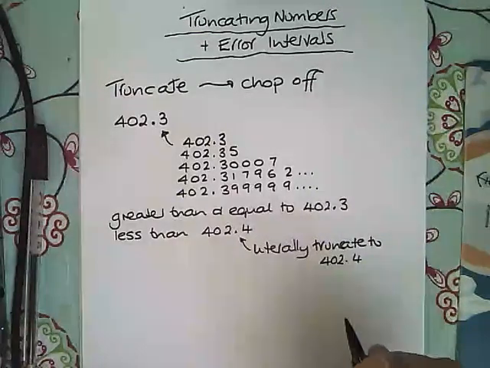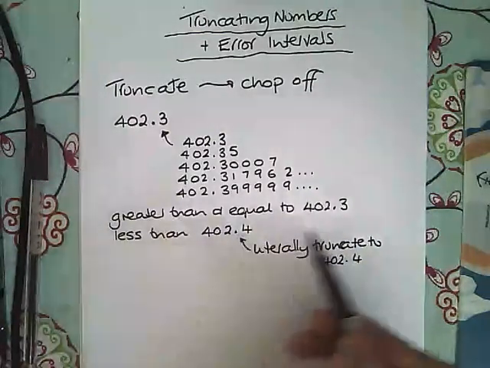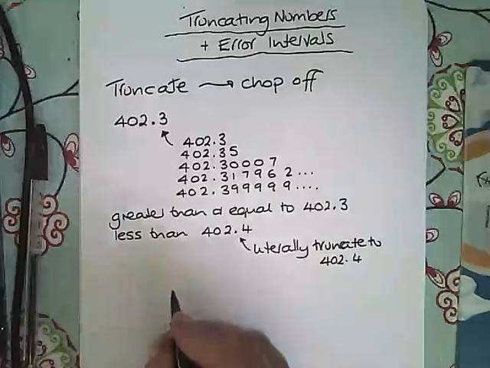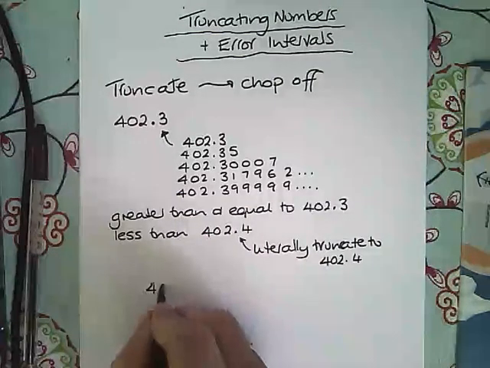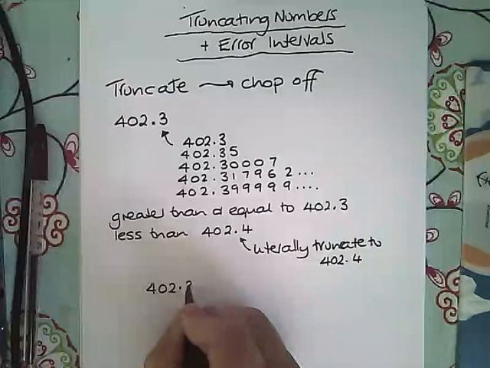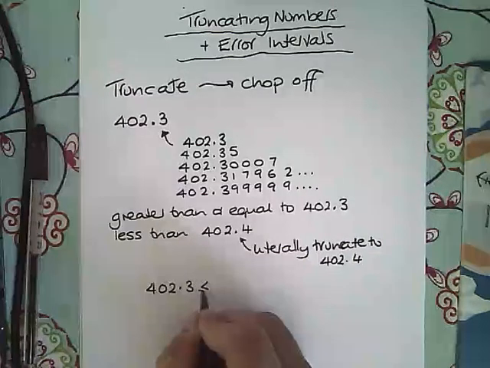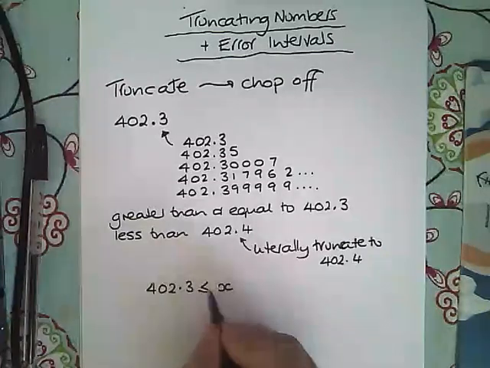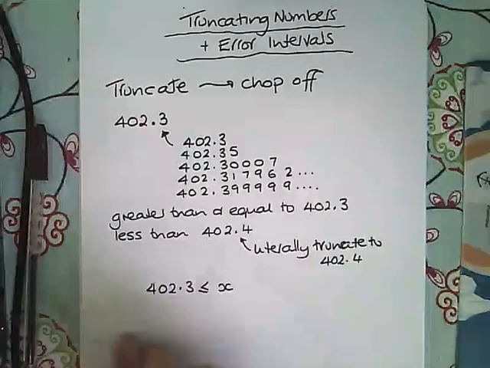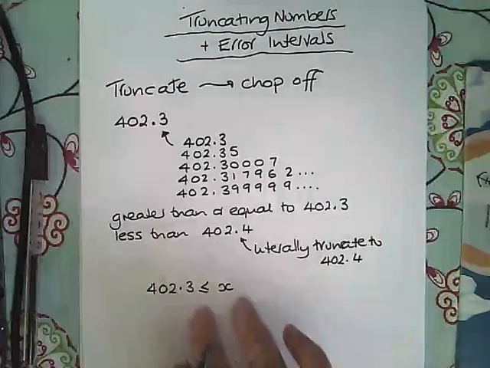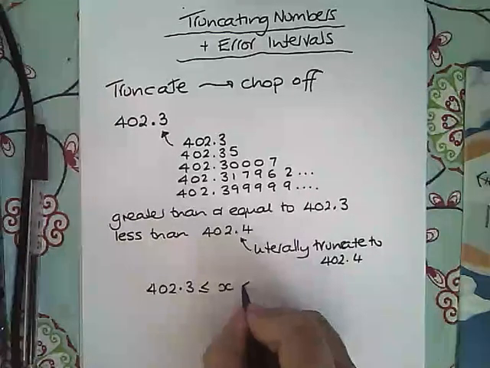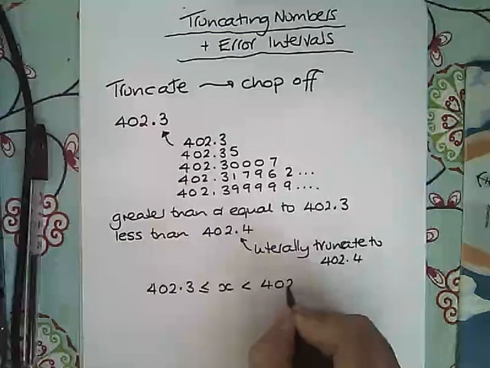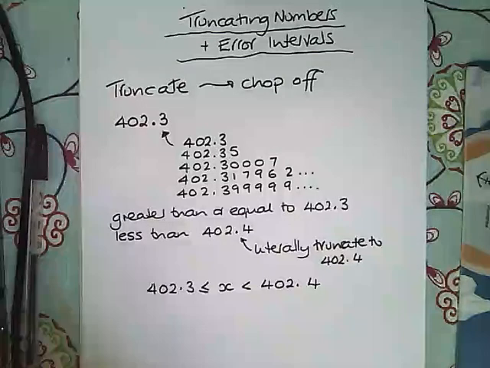Okay, so putting these words into an inequality notation, 402.3, the number x is greater than or equal to, so remember the number is always the biggest one here. We're writing an error interval, so we're going to have two inequalities, and it is less than 402.4.